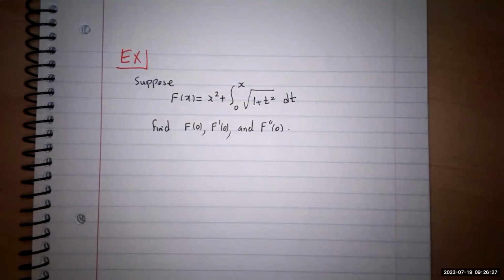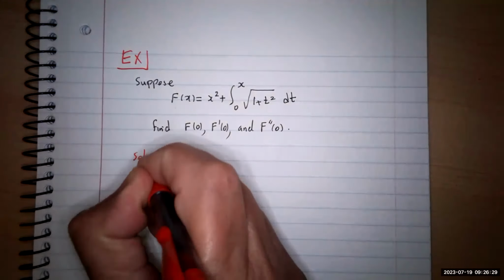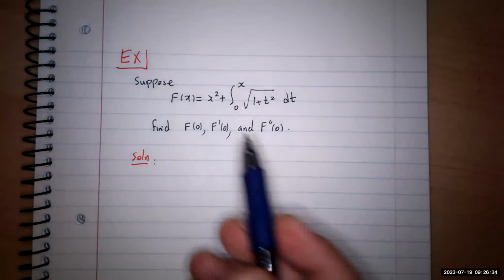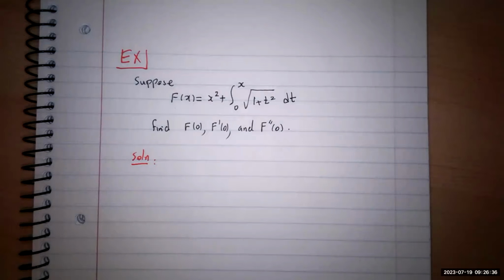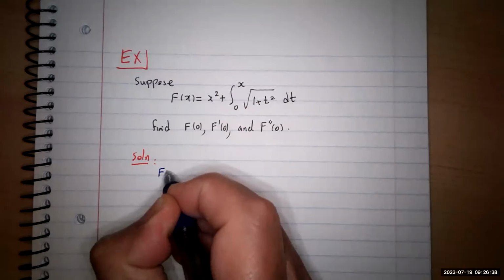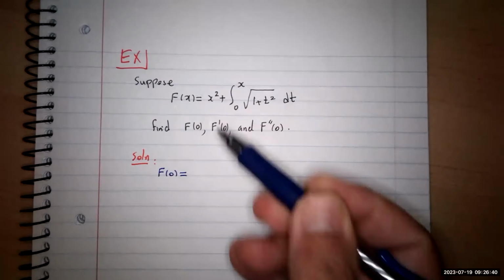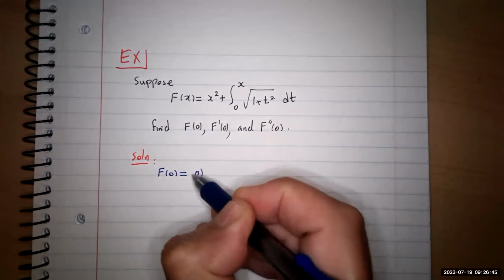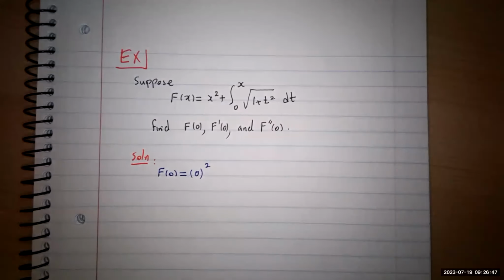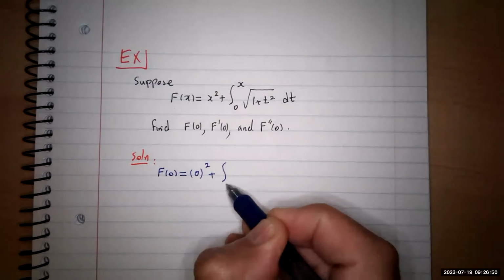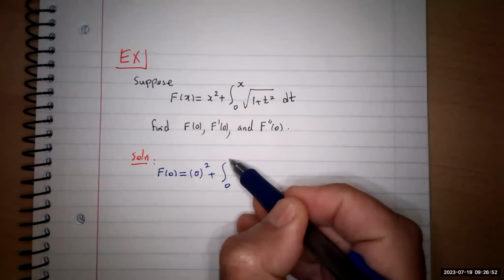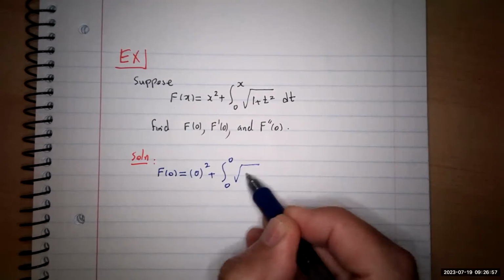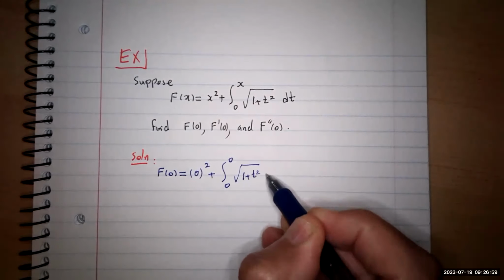So this is going to be the solution. For f of 0, just replace x by 0 wherever you see it. So f of 0 is 0 squared plus the integral from 0 to x, but x is 0, so it's from 0 to 0, of the radical 1 plus t squared dt.